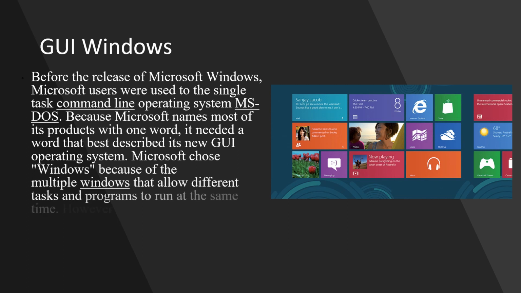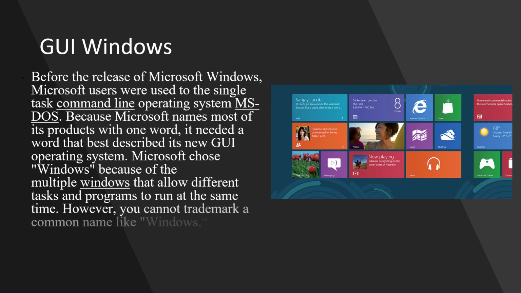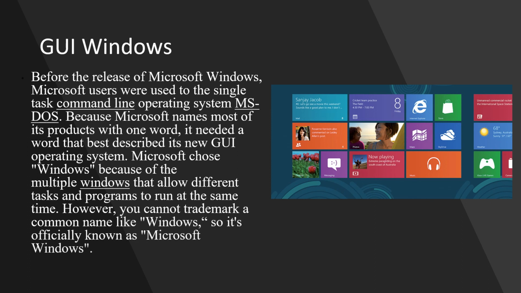Microsoft chose Windows because of multiple windows that allow different tasks and programs to run at the same time. However, you cannot trademark a common name like Windows, so it's officially known as Microsoft Windows. The adjacent picture shows the GUI of Microsoft Windows.